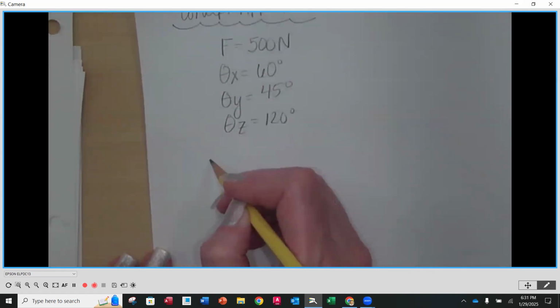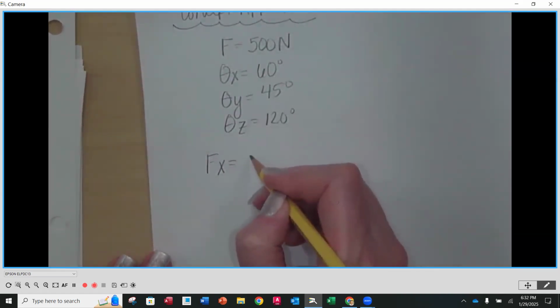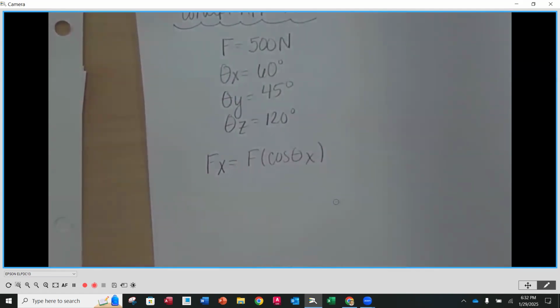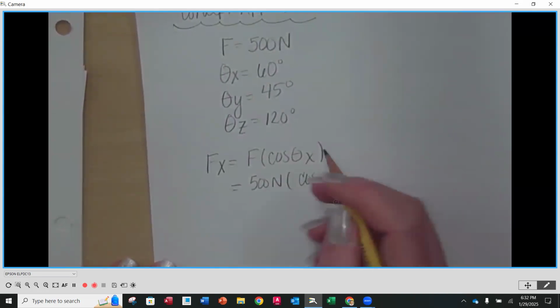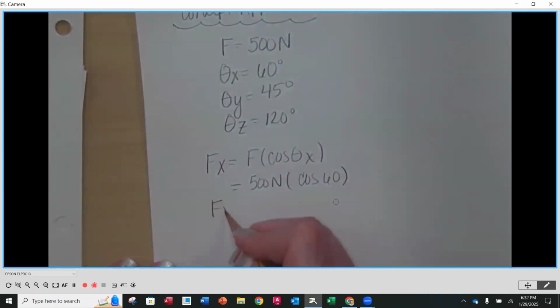To find each of those components, Fx is going to be equal to F times the cosine of theta X. This is the angle off of the x-axis to that resultant in space. We know F is 500 newtons and theta X is 60 degrees, so our Fx component should be half of that, which is 250 newtons. And yes, it is.